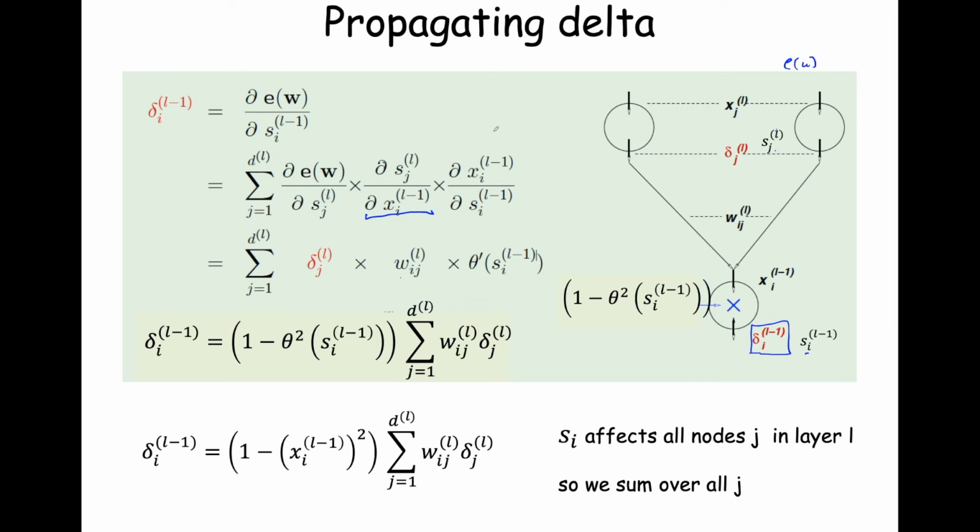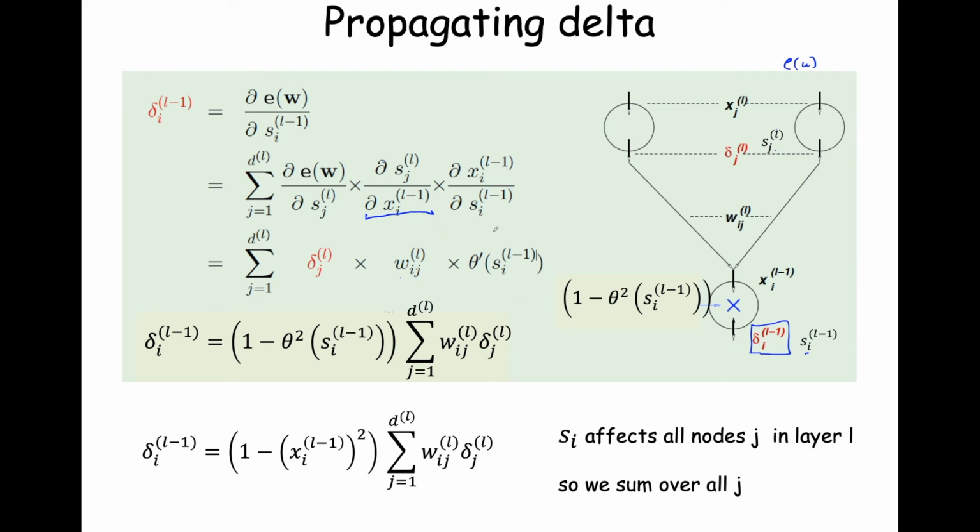Because this partial is impacted by all of these paths between each one of these nodes in layer L indexed by J and that ith node in layer L minus 1. And so this gradient, this change, is going to be impacted by each one of these pathways, each one of these weights. This influences multiple nodes J through each of these links wij superscript L.